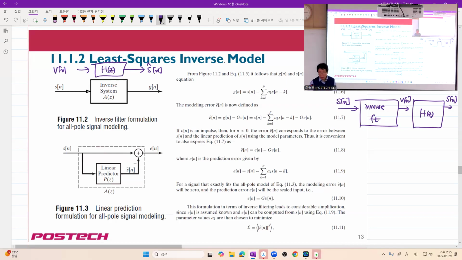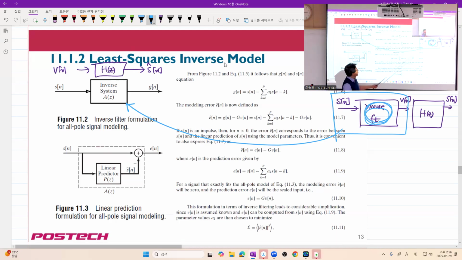The idea here is to take this one and limit the versatility of this function. We want to model this one as an all-pole system, which means that the inverse is an all-zero system. Okay?